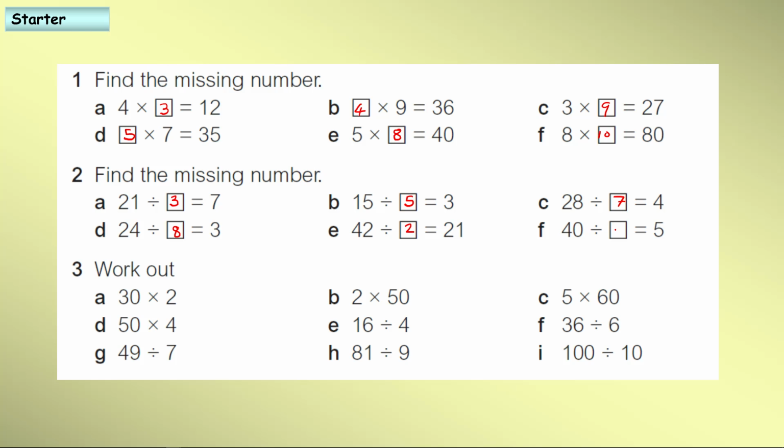And 40 divided by, this looks similar to this one up here. Intriguing. 40 divided by 8 gives me 5, or 8 times 5 gives me 40.